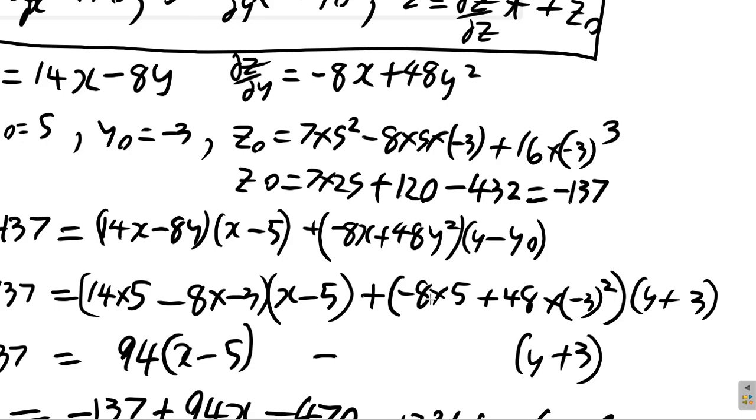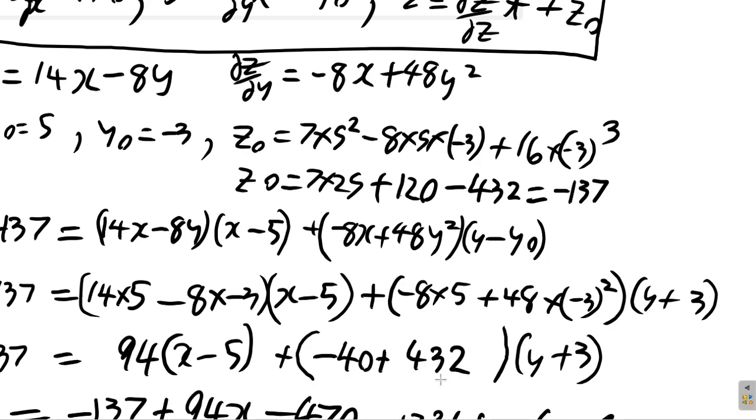Negative 8 by 5 is negative 40. Alright, so let me put back this plus. Negative 8 by 5 is going to be negative 40, plus 3 squared is 9. 9 times 48 gives us 432.